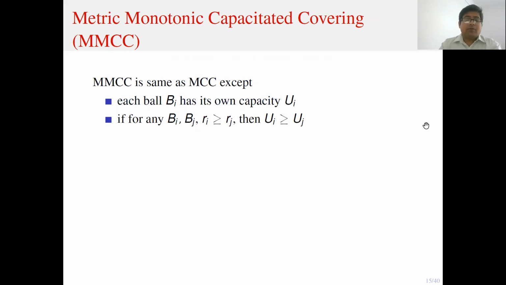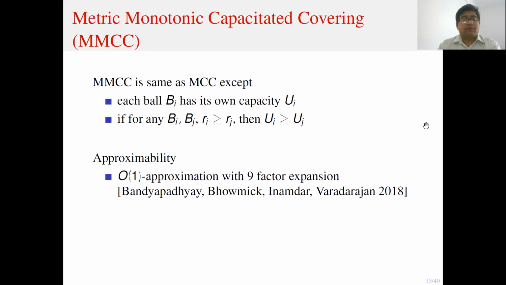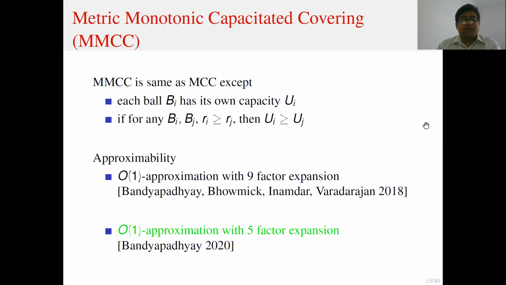In our previous work, we showed that for this special kind of capacities, one can obtain a constant approximation with 9 factor expansion of the balls. In the current work, we are able to decrease the expansion factor to 5. And in the rest of the talk, I will discuss this result.